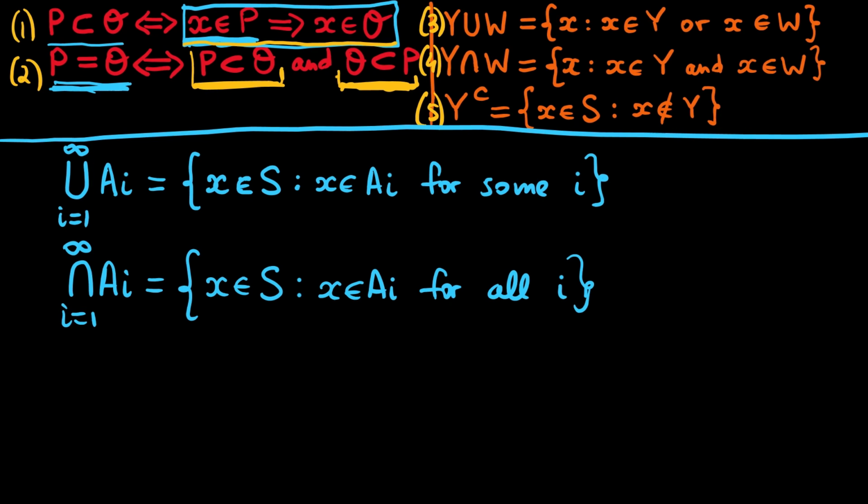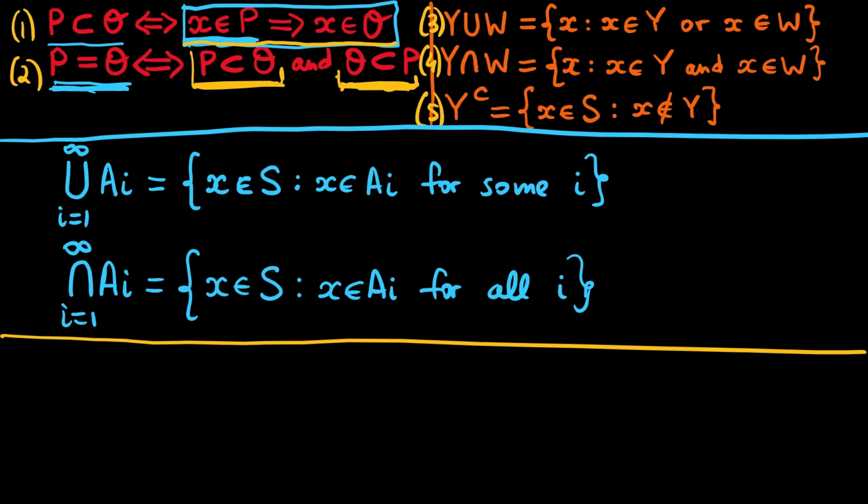So we're told that if we picked our sample space to be the set of real numbers between 0 and 1, open at 0 and closed at 1.